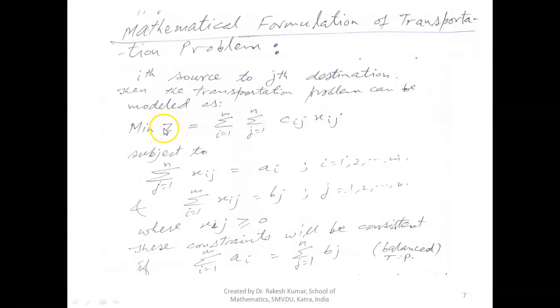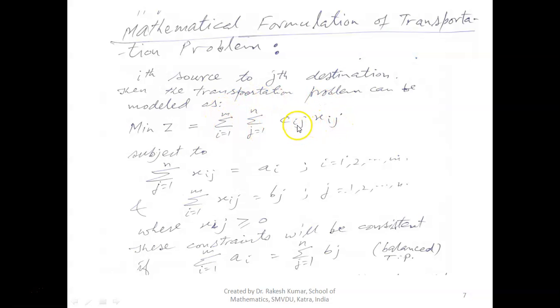And what we want to do for this z, we want to minimize it. We want to minimize the total transportation cost involved. Now this right hand side is giving me the total transportation cost.